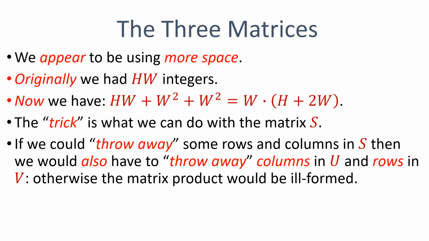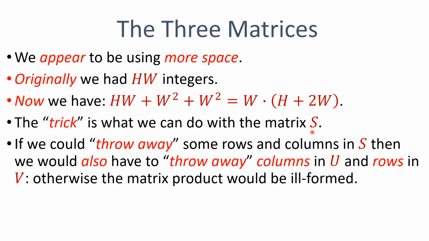And if we throw away some rows and columns in our square matrix in the middle, then there are 3 consequences. We have the obvious consequence that the amount of space this matrix needs is much less.